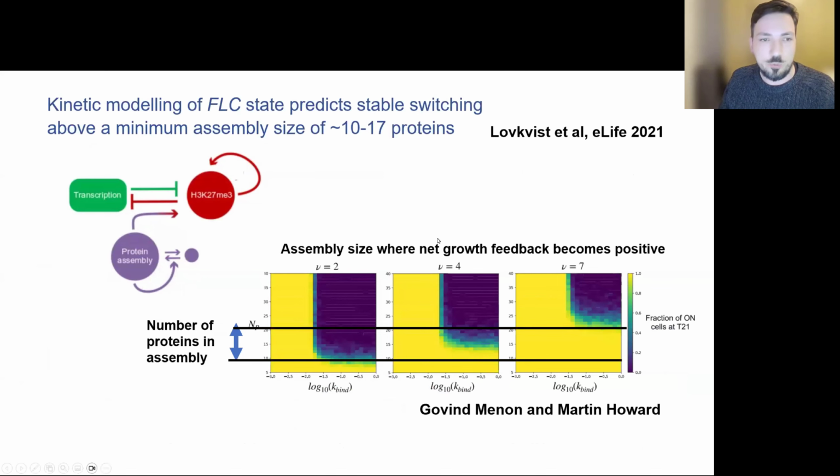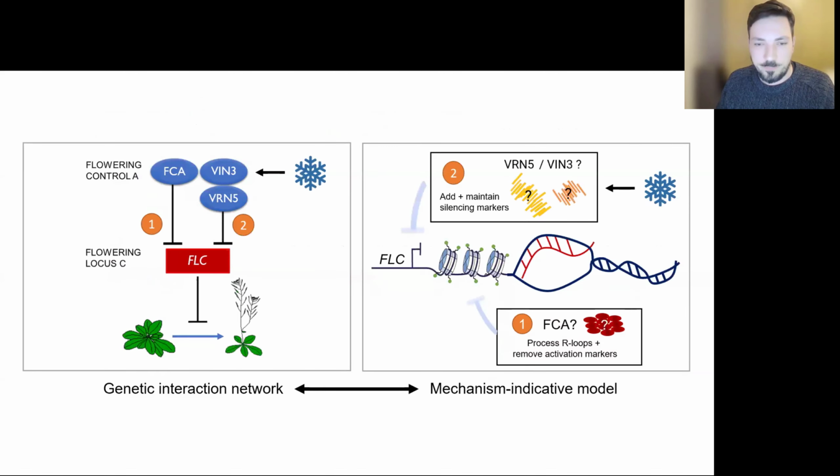So it's a really important input from Martin Howard's group here, where you can model this and you know the individual rates, and you can predict the number of proteins in a particular assembly were they to meet FLC at the particular appropriate time. The minimum threshold for that would be an assembly size of around 10 to 17 proteins, which is very much feasible.